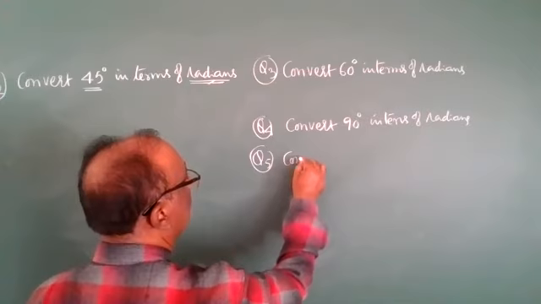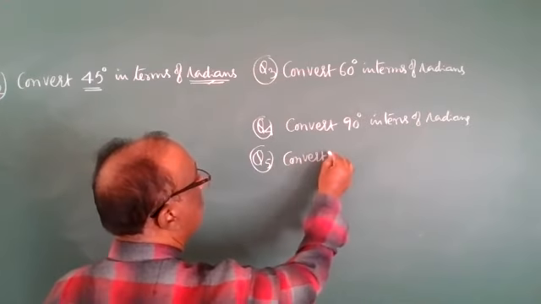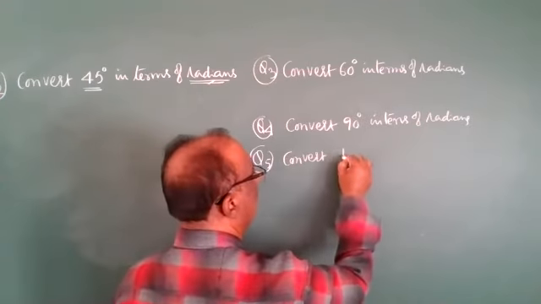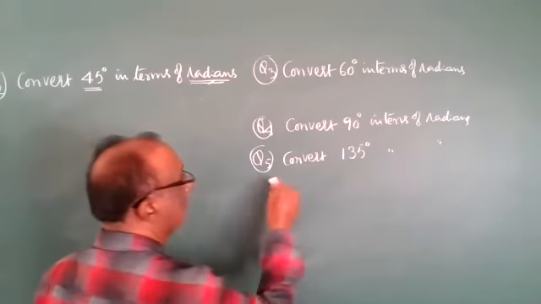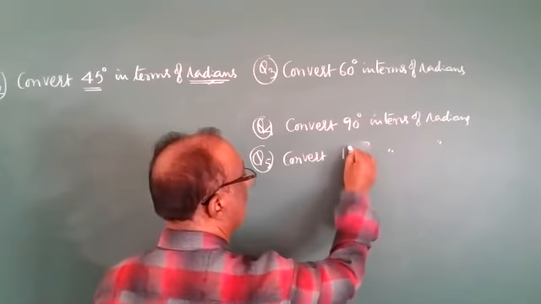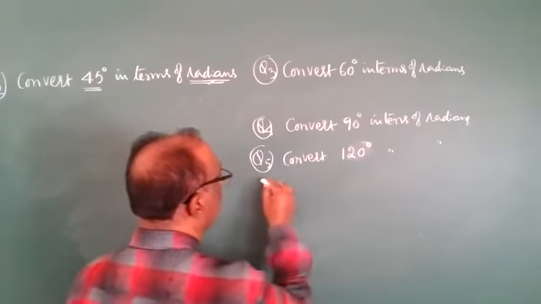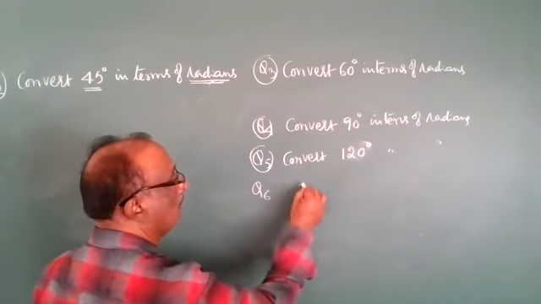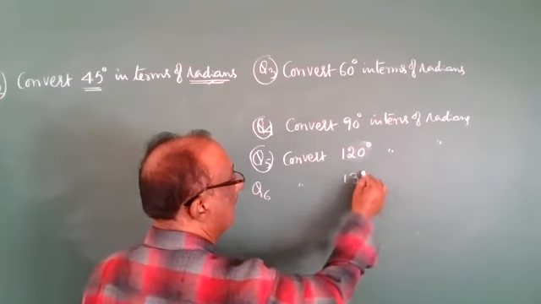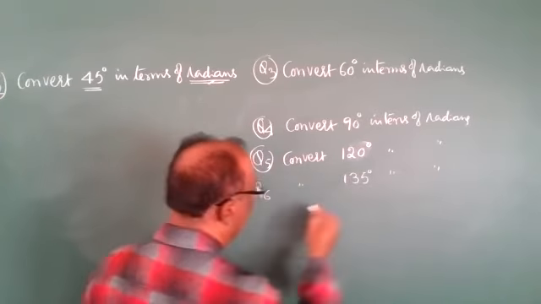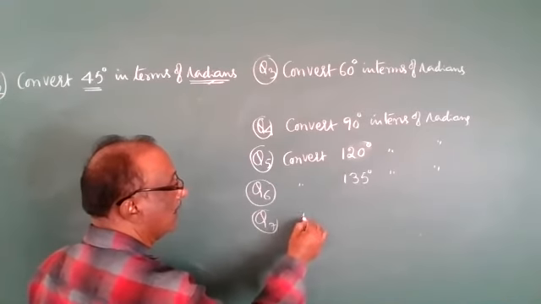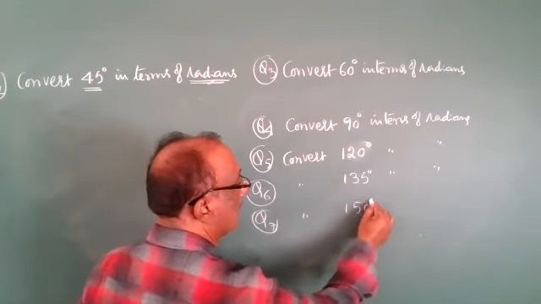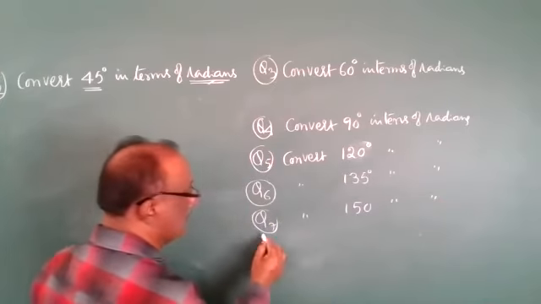Convert 135 degrees in terms of radians. Convert 120 degrees in terms of radians. Question number 7: convert 150 degrees in terms of radians.